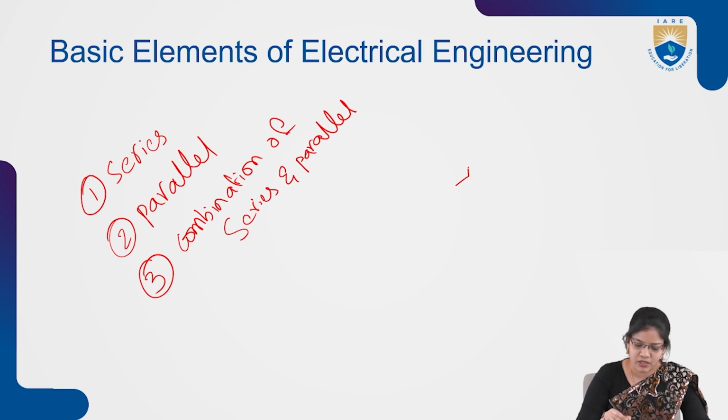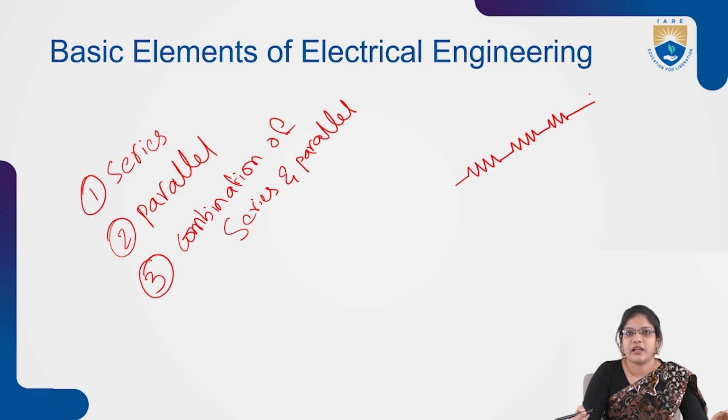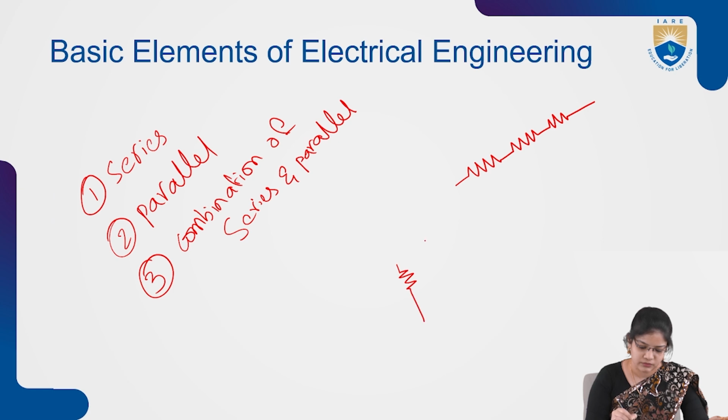For example, if all these resistors are connected in this way, then it is said to be in series. And if the current is dividing in the circuit, then it is said to be in parallel. For example, the circuit is connected in this way. If the supply is given here, the current is dividing here.